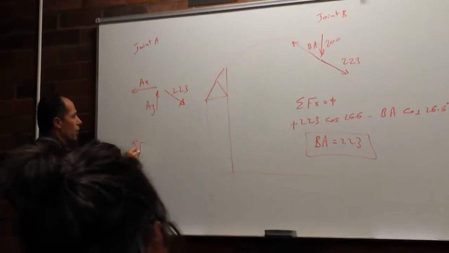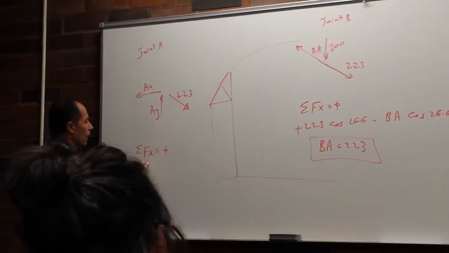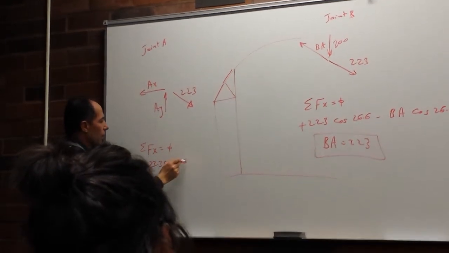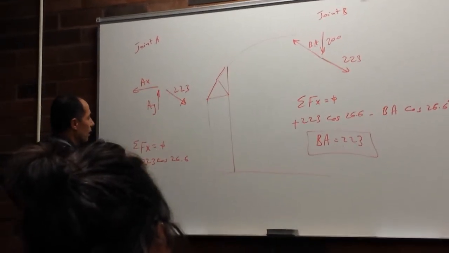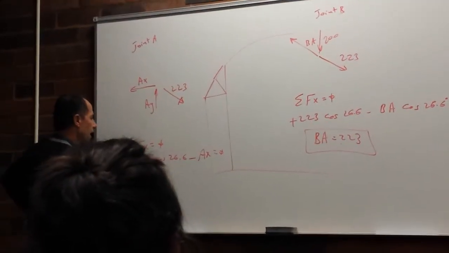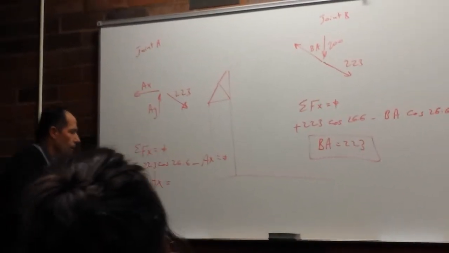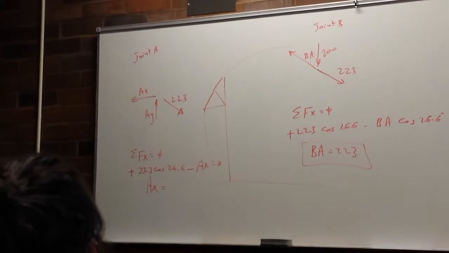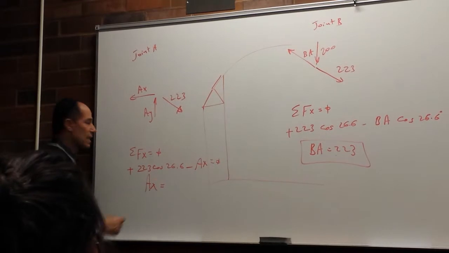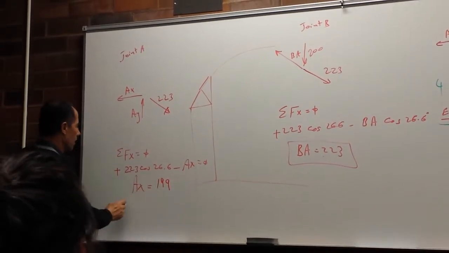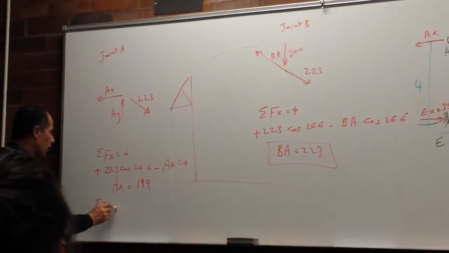Sum of forces on X equals 0. 223 cosine alpha is positive, negative AX equals 0. What is AX, guys? 199. Same as over here. Sum of forces on Y equals 0.